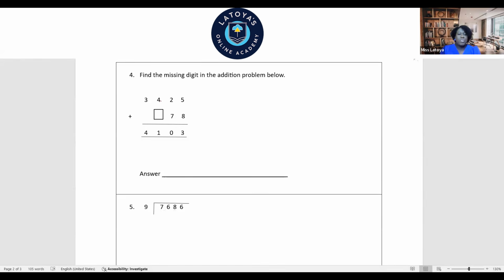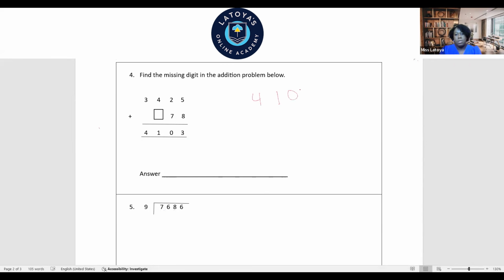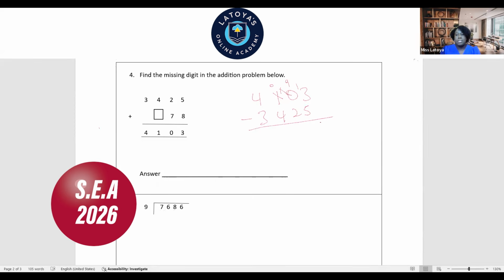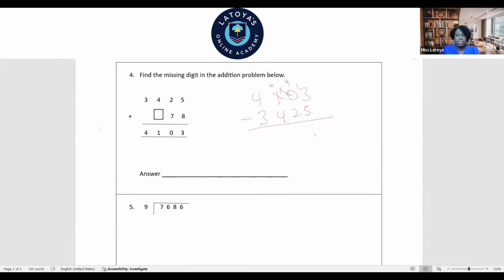Find the missing digits in the addition problem below. So we have 3,425 plus something is equal to 4,103. So to determine what is missing, we can subtract. 4,103 take away 3,425 will give us, we need to regroup. 13 take away 5, or 5 from 13 is 8. 2 from 9 is 7.